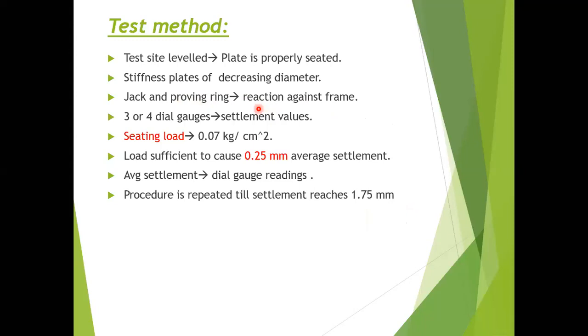For every action there is a reaction, right? Just like that, you are applying the load, and that reaction will be balanced by the jack and proving ring, or you can call it the reaction against the frame.